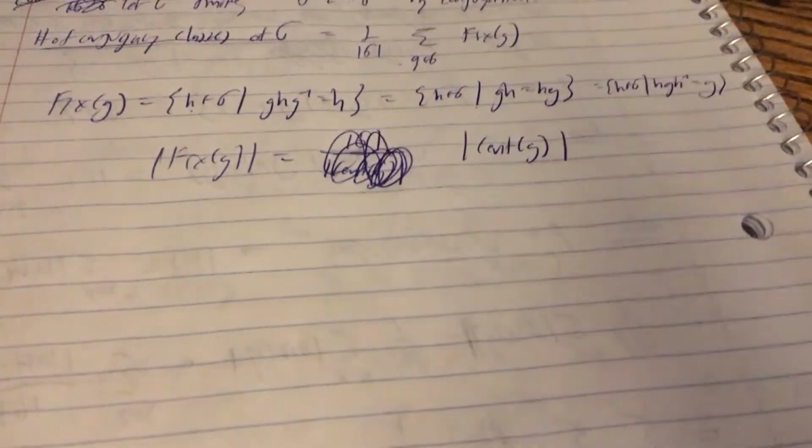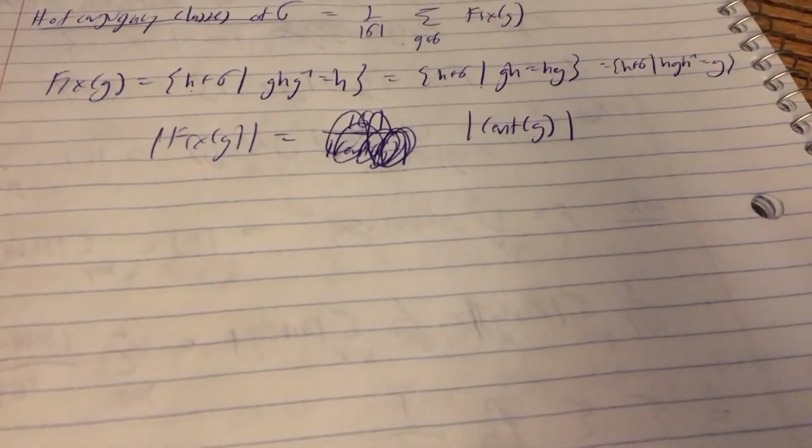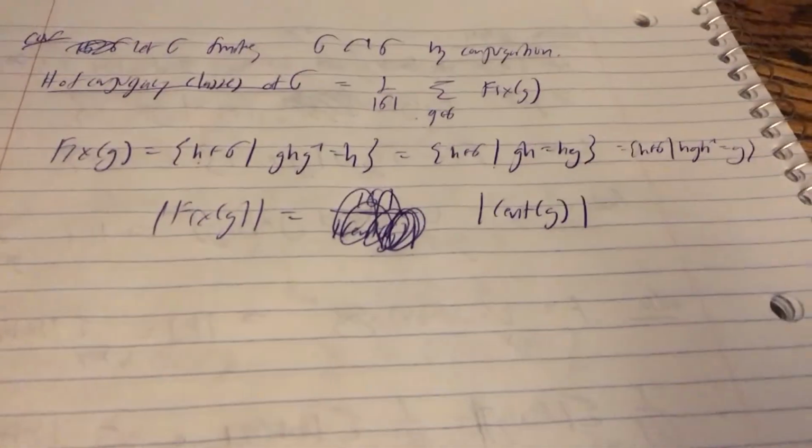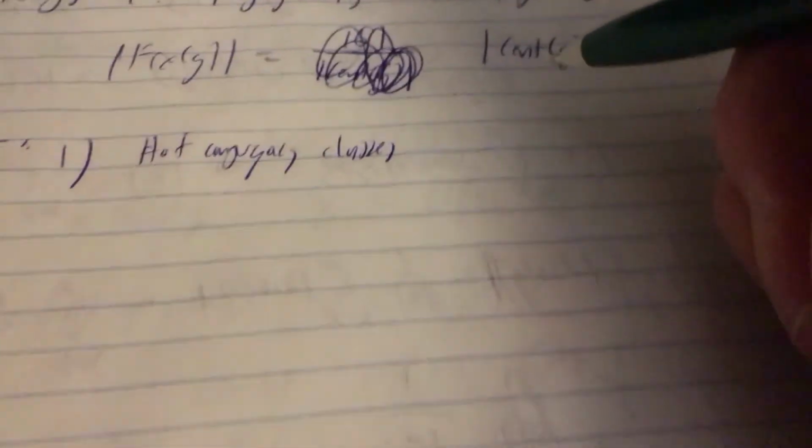Let's note that we have a couple of different equations. The upshot is there are two equations to consider. One, the number of conjugacy classes. How many are there?